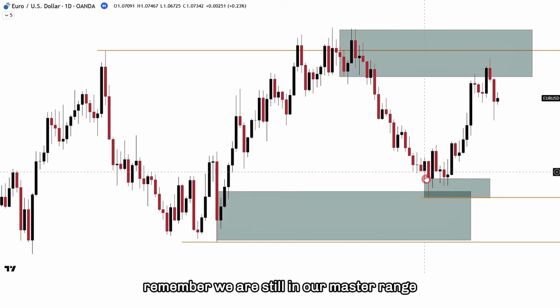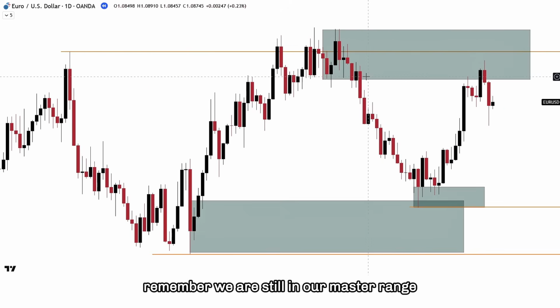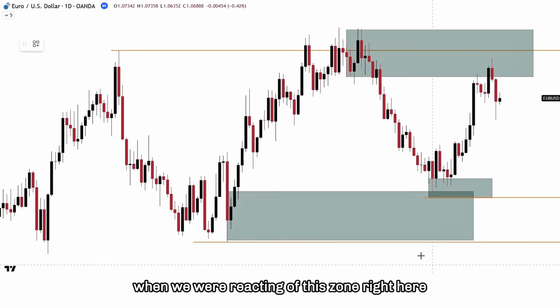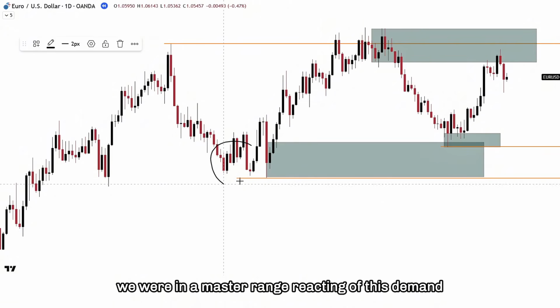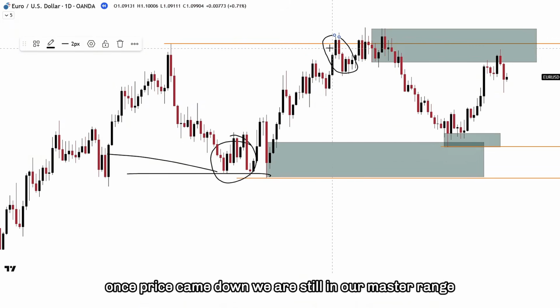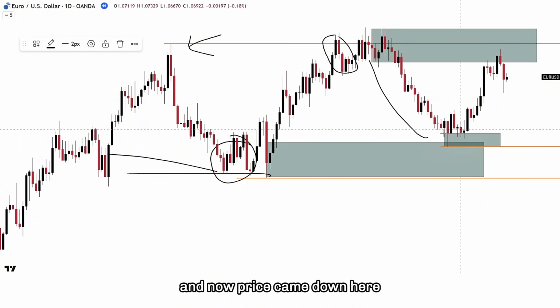And again, remember, we are still in our master range. When we were reacting off this zone right here, we were in the master range reacting off this demand. When we were above this price action, once price came down, we are still in our master range. And now price came down here, we are in our master range.